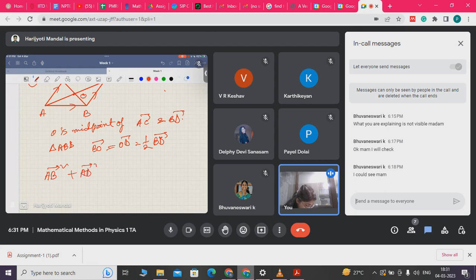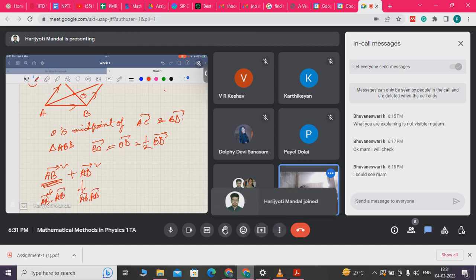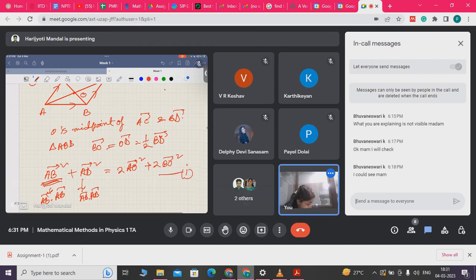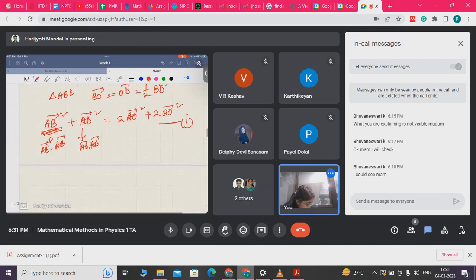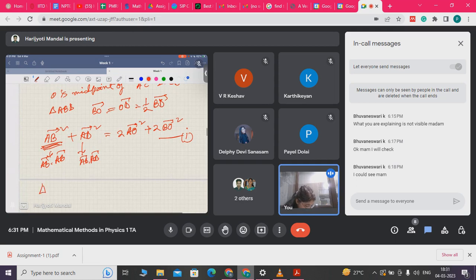Using that, we can write that AB square plus AD square, where square means the dot product, so AB dot AB and similarly AD dot AD, is equal to 2AO square plus 2BO square. You can name it 1.